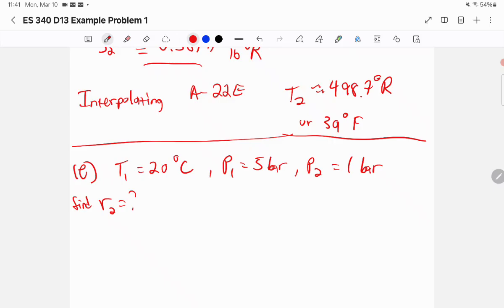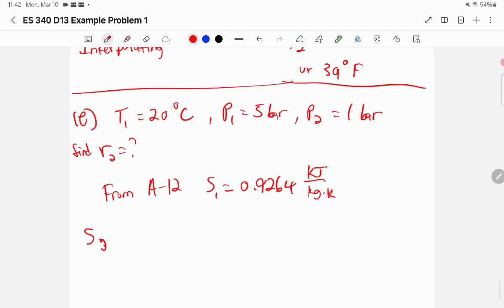So if we go to the table, what we find is that from A12, using that table, we find S1 equal to 0.9264 kilojoules per kilogram times Kelvin. That means that S2 has to be equal to 0.9264 kilojoules per kilogram Kelvin.